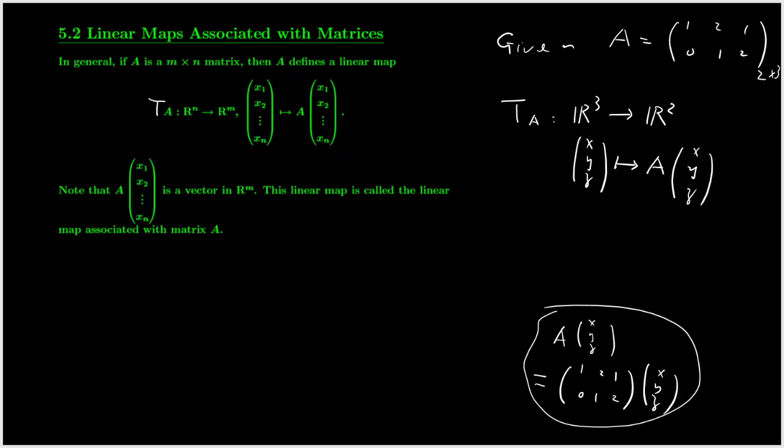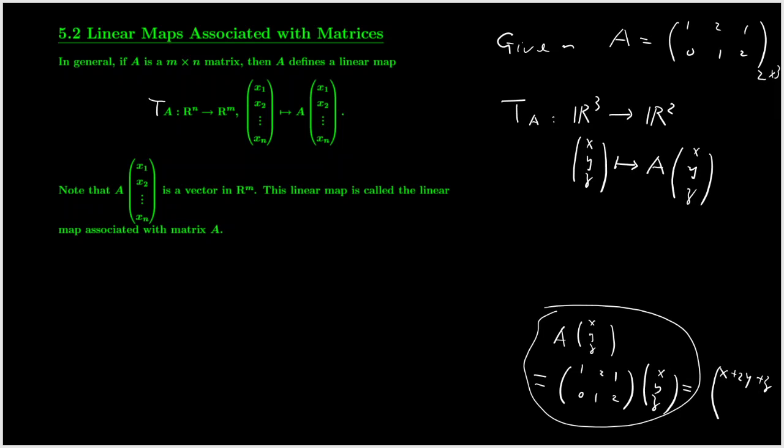I'm running out of space, so can I just write the answer outside the circle? Again, the answer has 2 components. The first component is computed using the first row of the matrix A times the column consisting of x, y, and z. So the first component is x plus 2y, and then plus 1z.